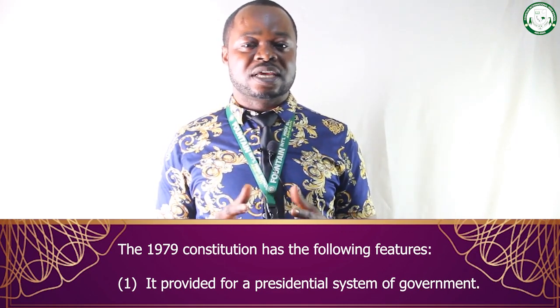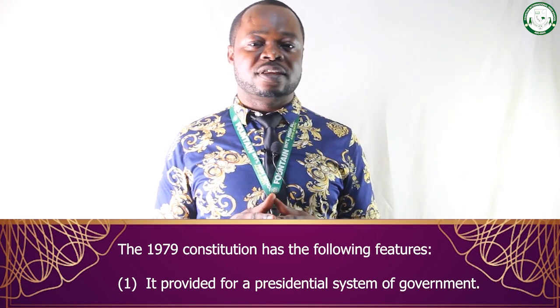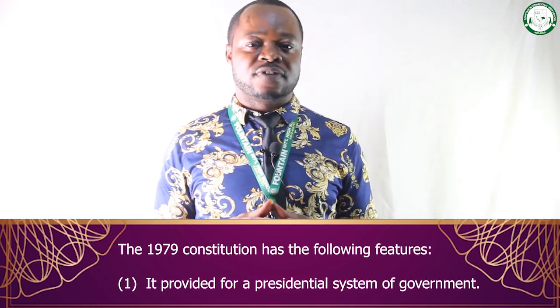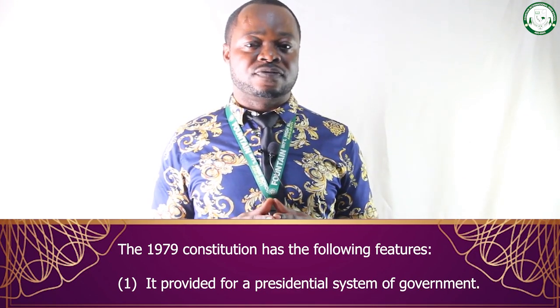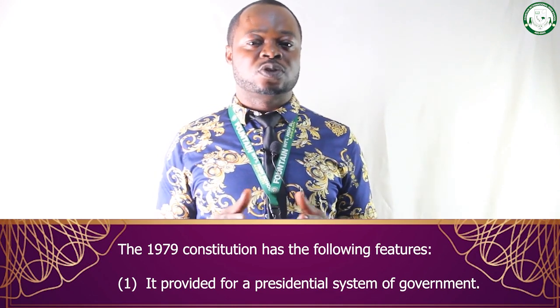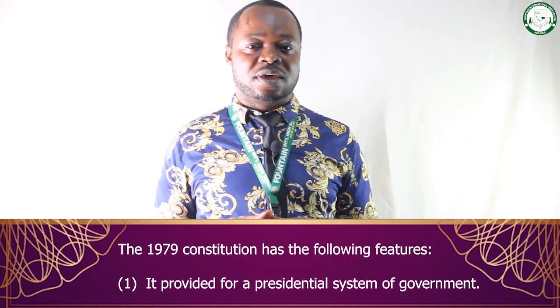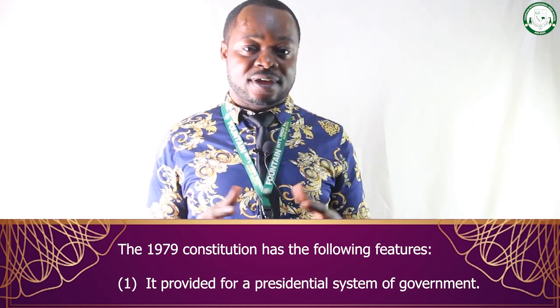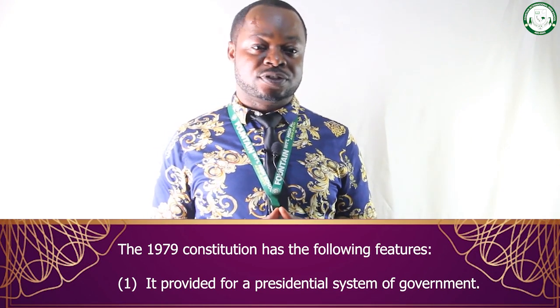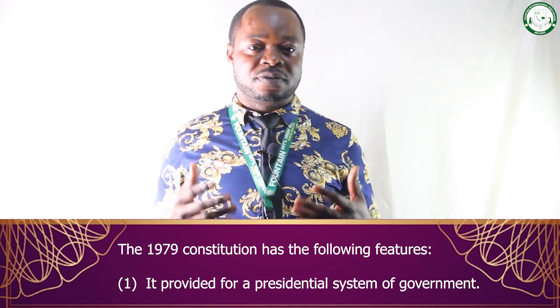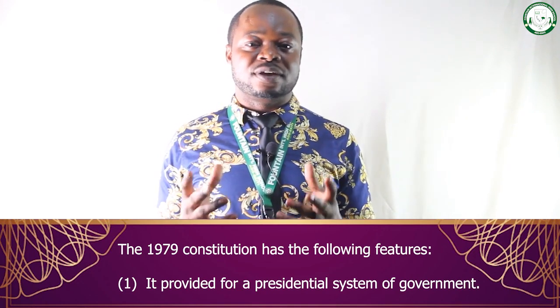In addition, the 1979 Constitution also provided for the office of the vice president and the office of a deputy governor, who is to be nominated by the president or governor from the same political party. You know that in Nigeria, if you are contesting for any elected position as a flag bearer of the party, you are expected to have a running mate.